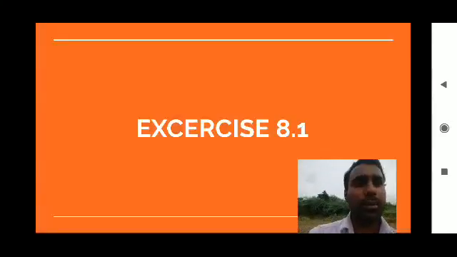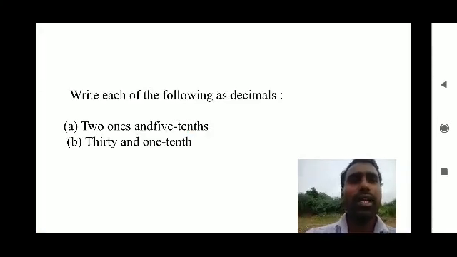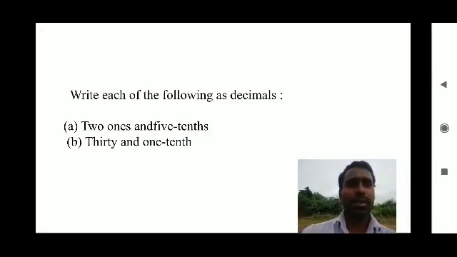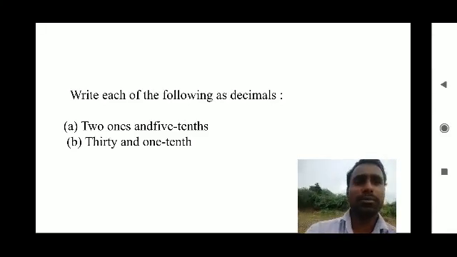Exercise 8.1. This is the question. Write each of the following as decimals: 2 ones and 5 tenths, 30 and 1/10. They gave a statement, so we have to write it in terms of decimals. Am I right?